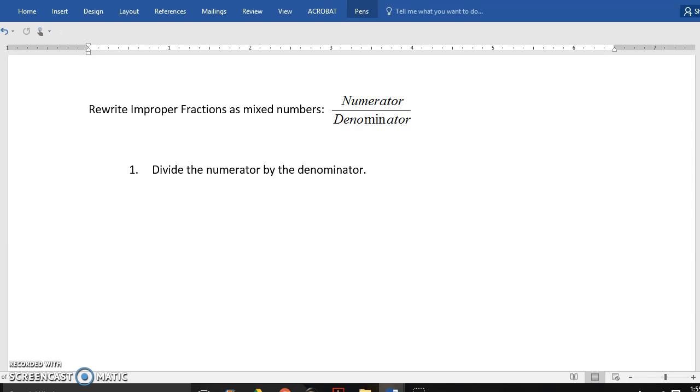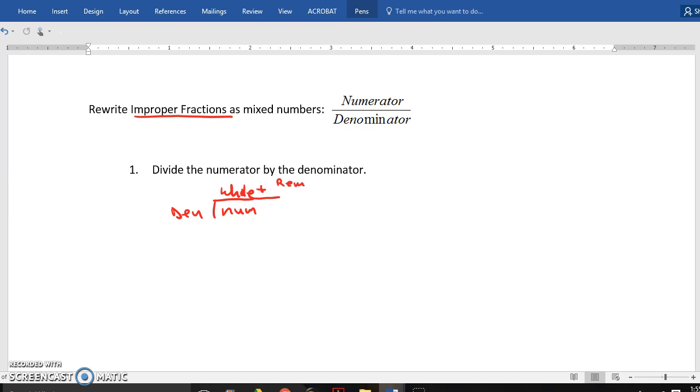Again, we're still working with an improper fraction, so we have a numerator greater than the denominator. We divide again, and when we divide the numerator by the denominator, you'll get a whole number up here. But then we get a remainder. What do we do with the remainder?